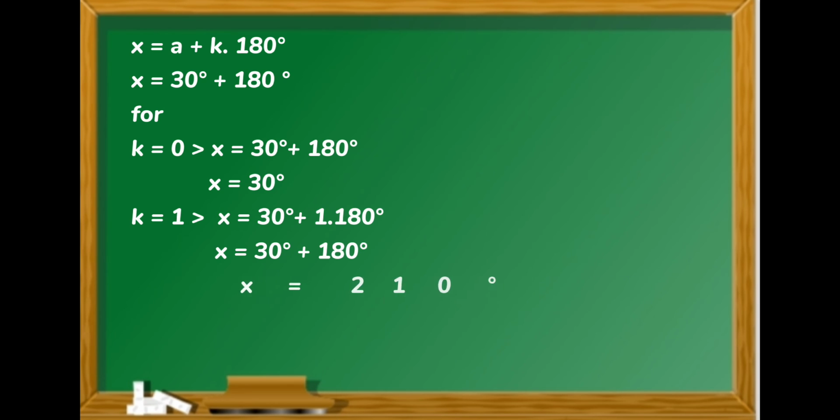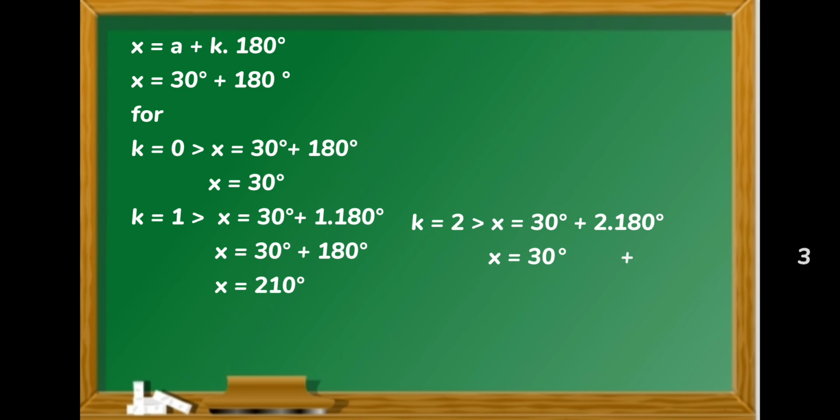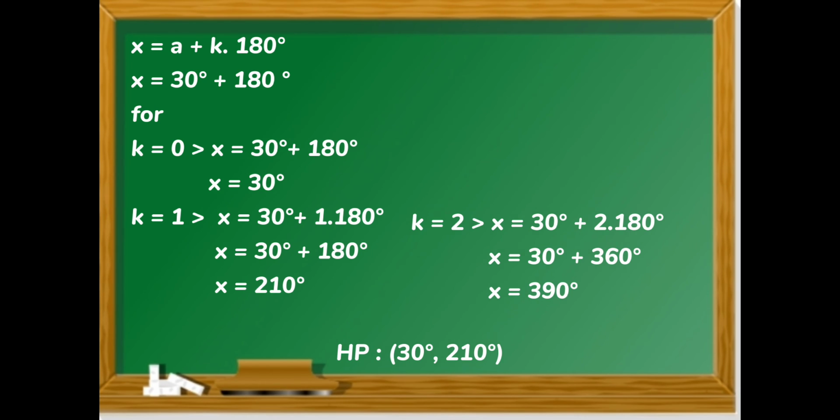Then we enter the formula, namely x equals a plus k times 180 degrees, x equals 30 degrees plus k times 180 degrees. For k equals 0, x equals 30 plus 0 times 180 equals 30, because 30 degrees is in the range 0 to 360 degrees, so it satisfies.